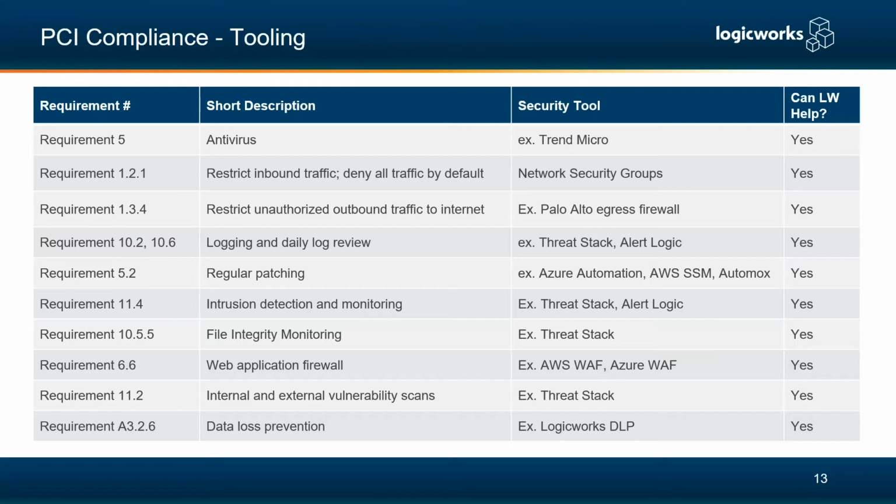Some of the other requirements, for example, restricting outbound traffic and regularly patching of your operating systems can present a significant challenge, especially if your applications are distributed, especially if they're even distributed across regions as well. Of course, if you want to take a screenshot of some of the PCI compliance requirements here, feel free.